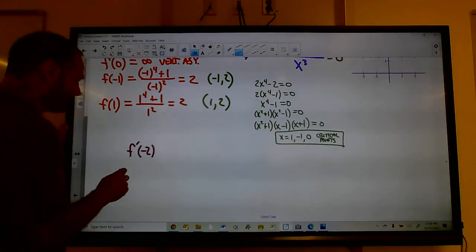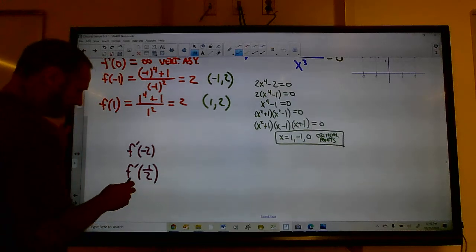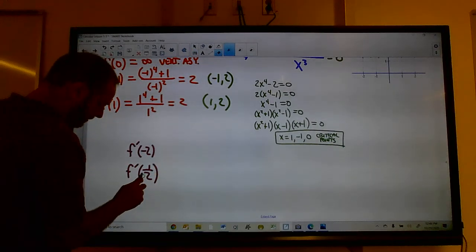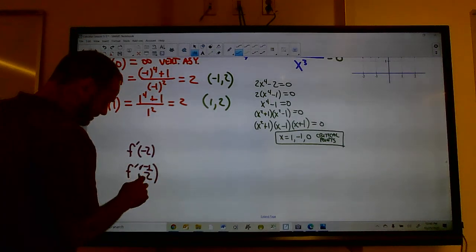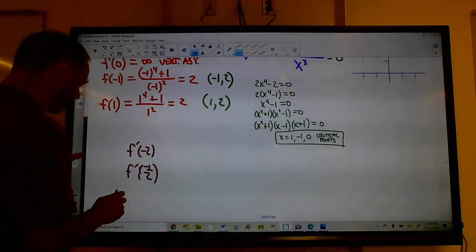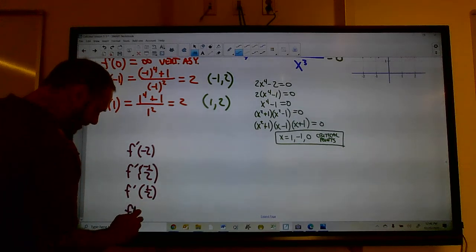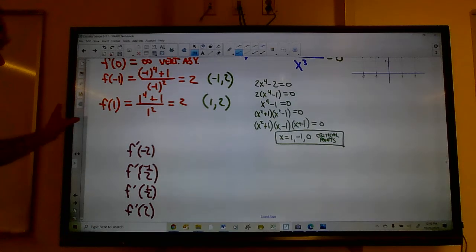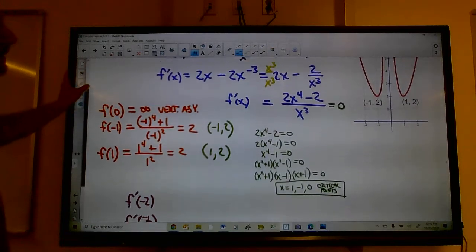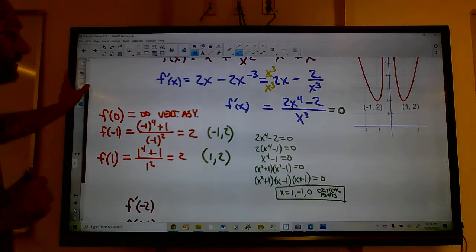So that's going to be f prime of -1/2. I'm also going to find f prime of 1/2, and I'm going to find f prime of 2. And remember, all I've got to do is find out, are these things positive or negative?